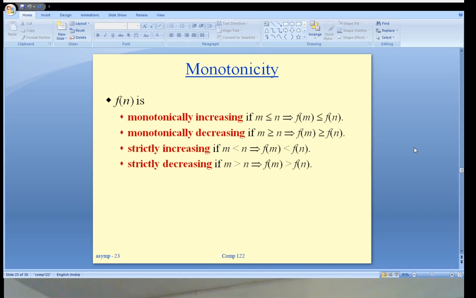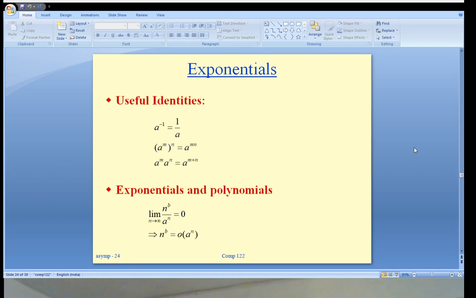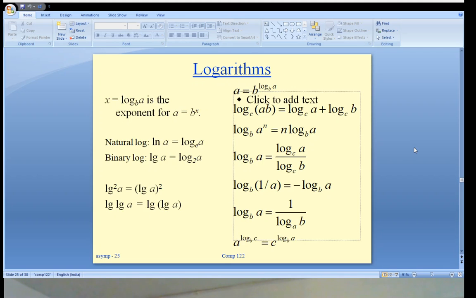These are some normal identities which you should know before deriving the complexity of a function, and the basics of the log. These are the basics that you must know before solving. So just take a look at that.